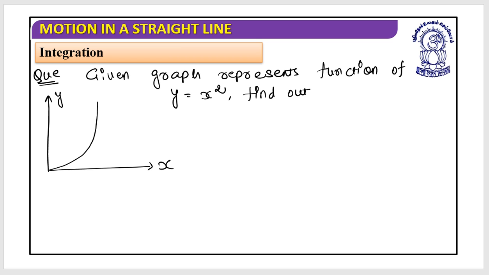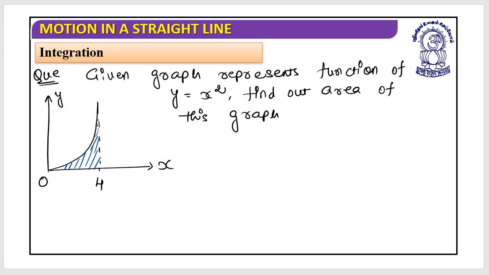Find out the area of this graph, and they have mentioned that this is 0 and this would be 4. You need to find out the area of this graph. That means you require this segment. You require the area of this segment.